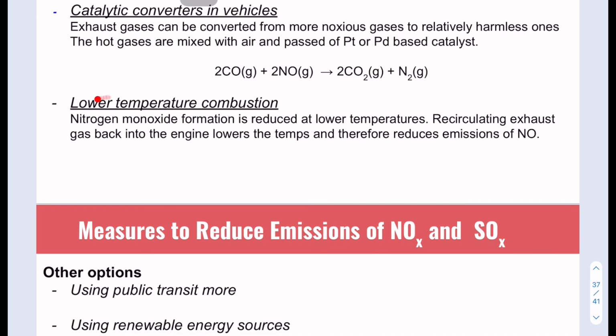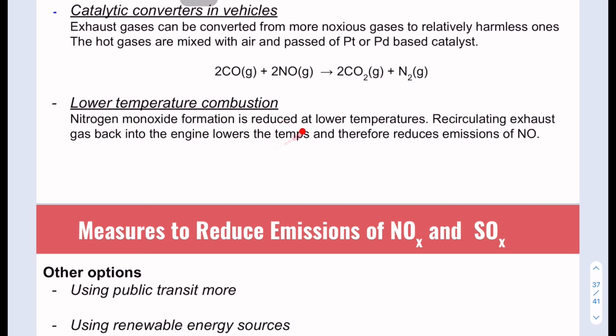Okay, and then another method is we can use collision theory and factors affecting rate of reaction. We know that at lower temperatures particles have a lower average kinetic energy, and therefore the rate of reaction will be slower because we're not having as many collisions as at high temperatures.